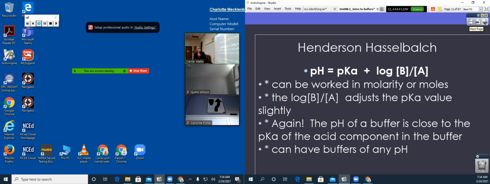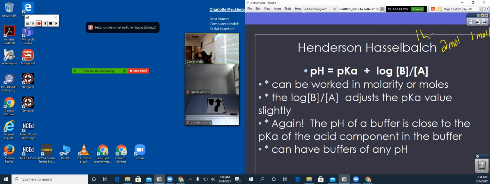So here it is again. Now here's a very good tip. You can do it in moles, you can do it in molarity, but B and A both have to be in the same thing. Remember, let's say I had 2 moles of B and 1 mole of A, and they're both in 1 liter.